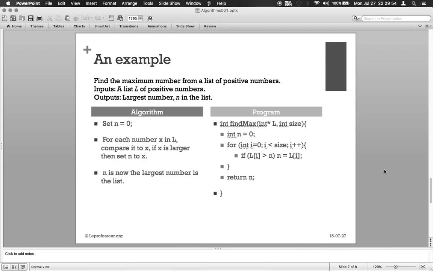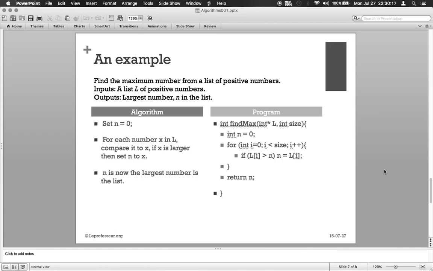In a simple sense, when we design an algorithm, we just write simple steps of what the computer is supposed to be doing. So we set n to 0 initially, and then we check each number in the list and compare it with n, which is 0.